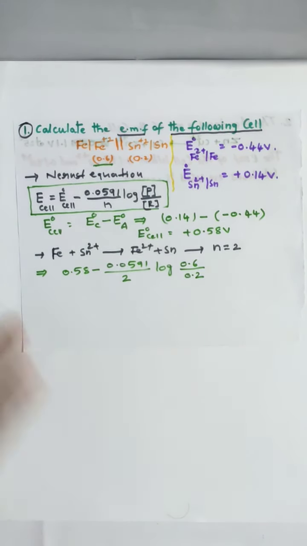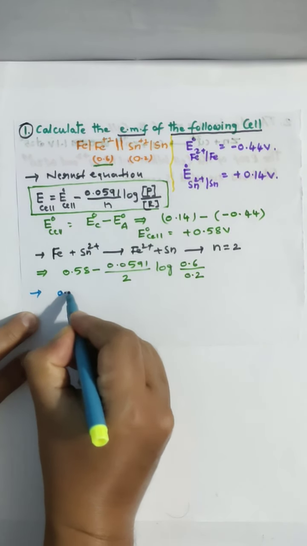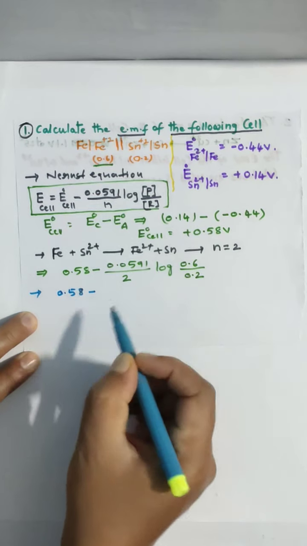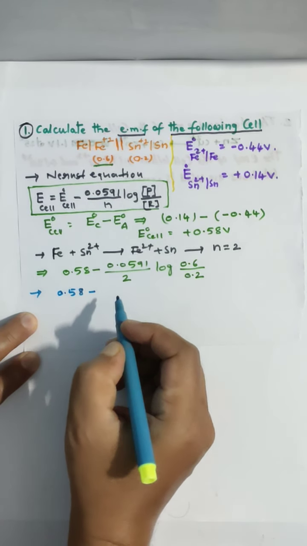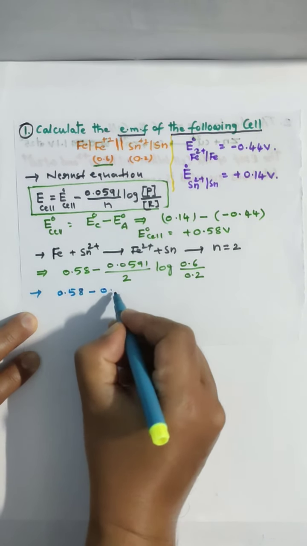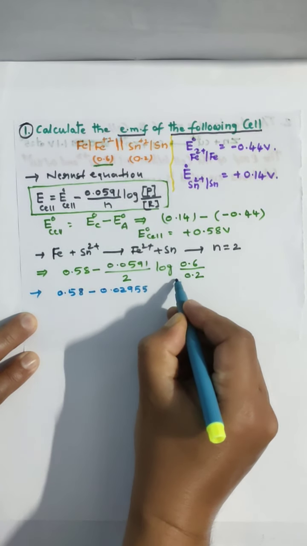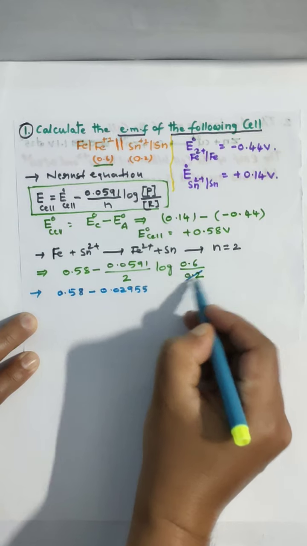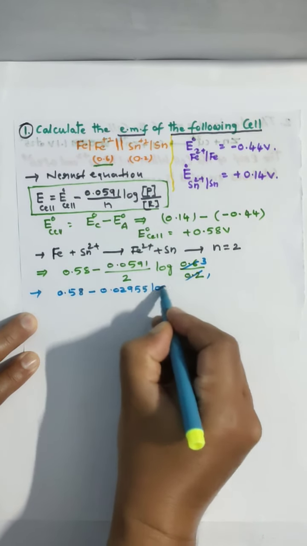Now we have to do simplification, and you should take care not to make any mistake. 0.0591 by 2 gives 0.02955. Log of 0.6 upon 0.2, these ones cancel, so you get log 3.